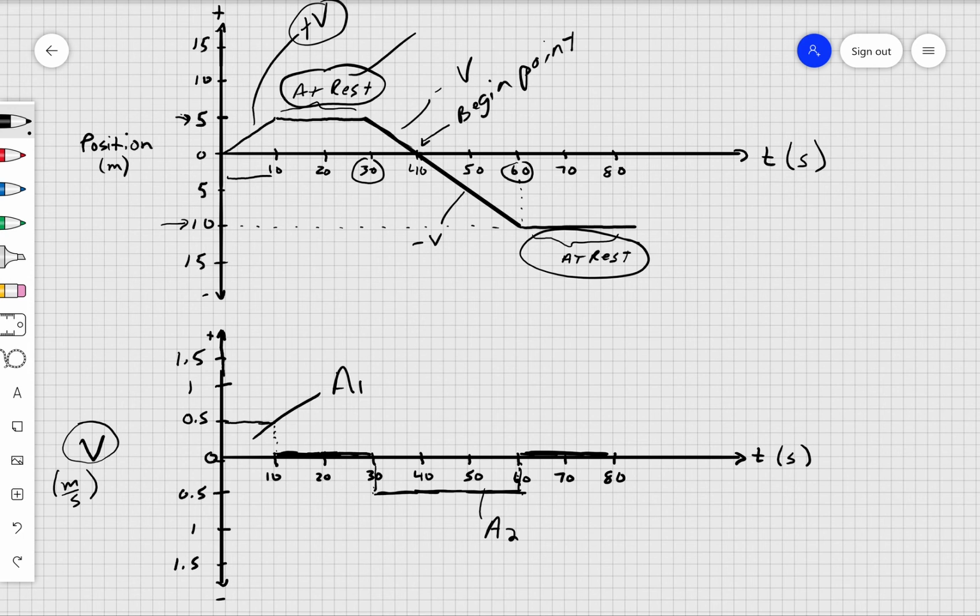So what is the displacement of this elevator after all of this time? Well, it went 5 meters up and it went 10 meters down. And we know that the area is the displacement. So this first one, area 1, that's positive displacement. Area 2, that's negative displacement.